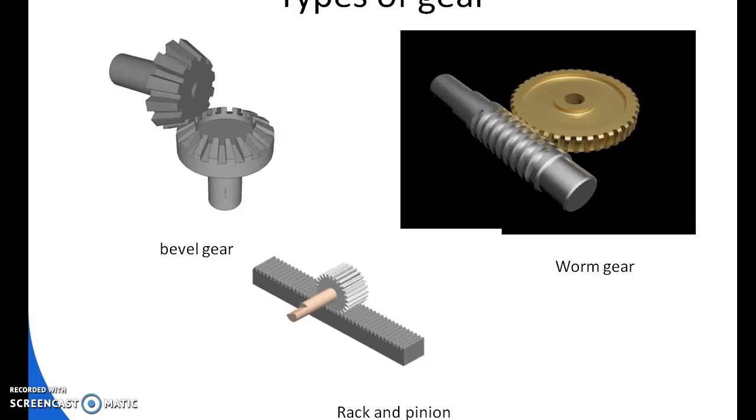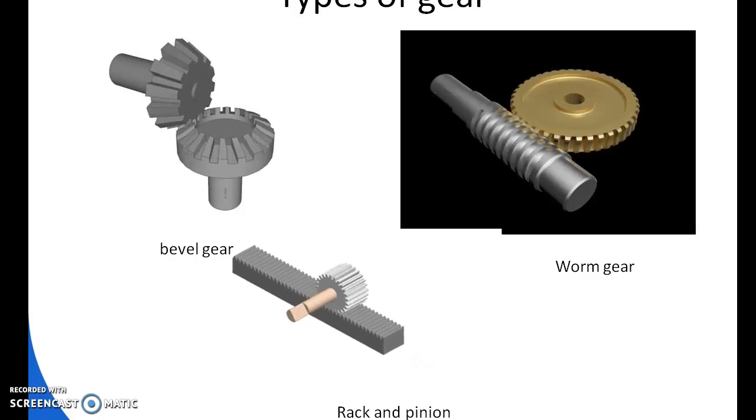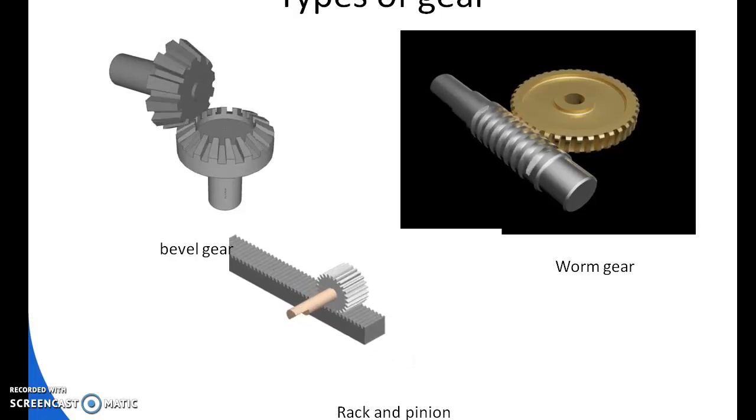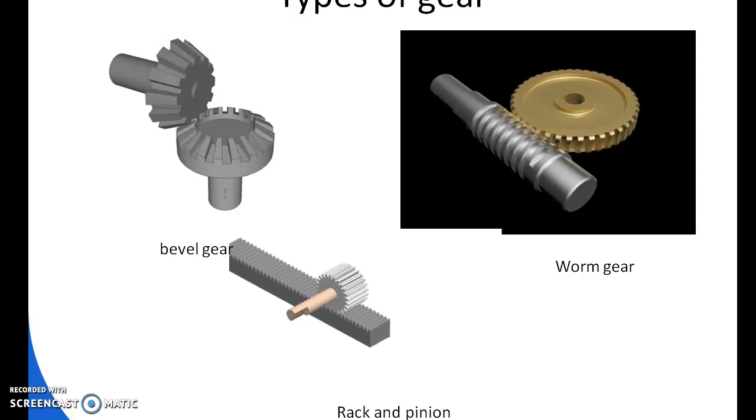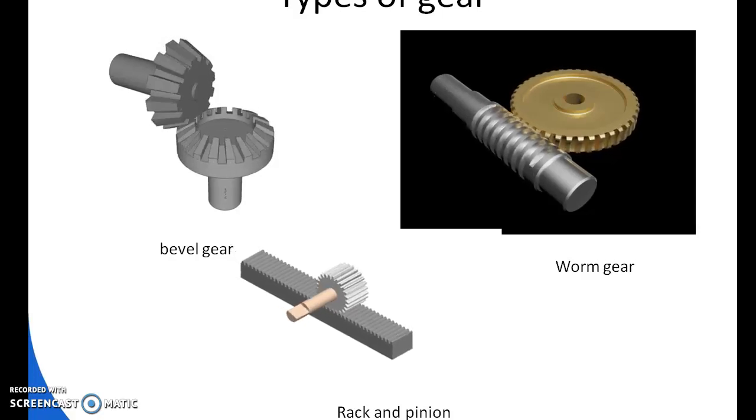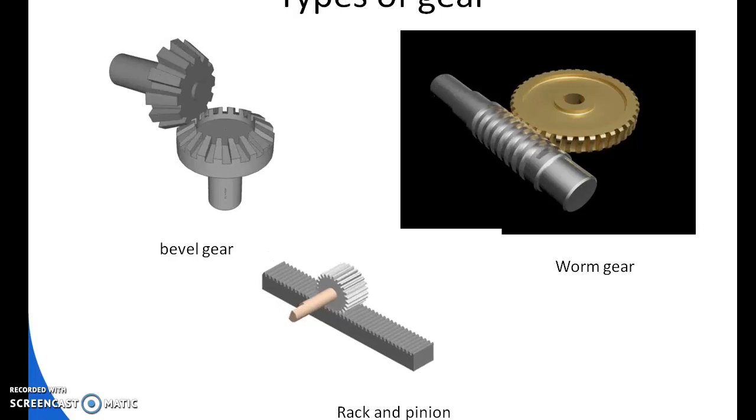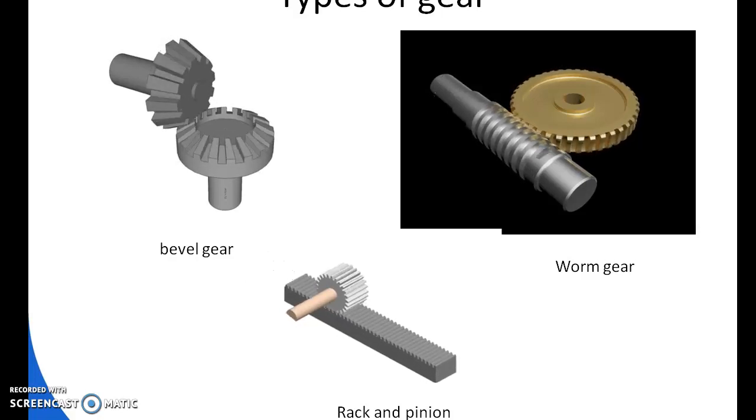These are separated, meaning we can see non-parallel and non-intersecting shafts, but in bevel gear the shafts intersect each other. So in worm gear one gear is called the worm and another is called the worm wheel.